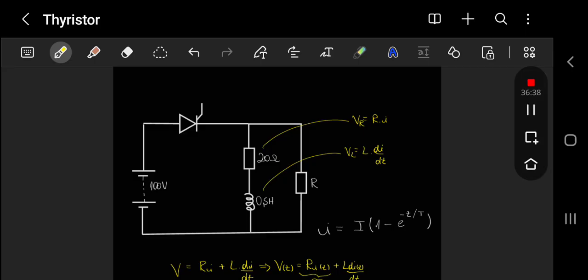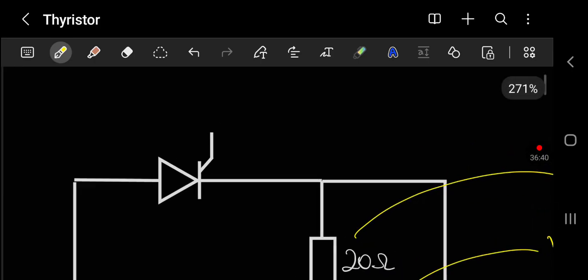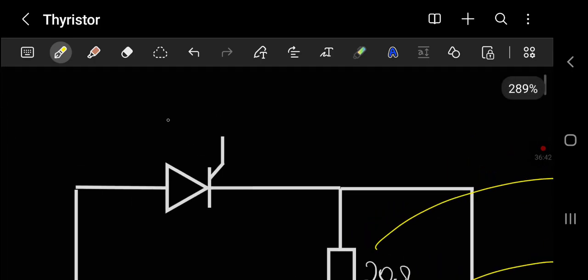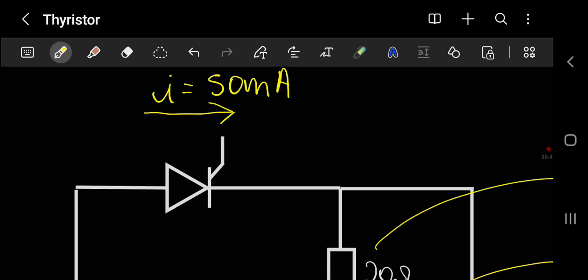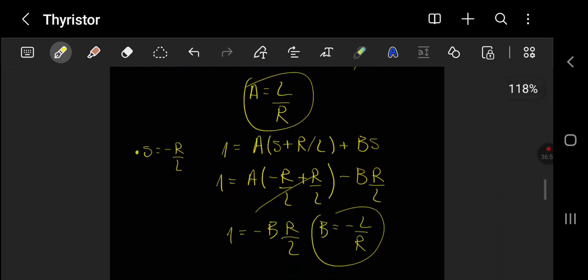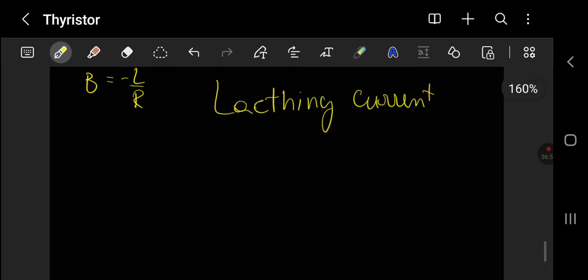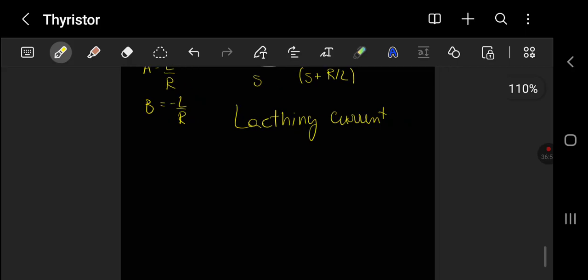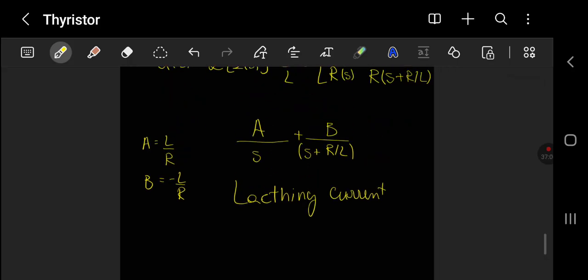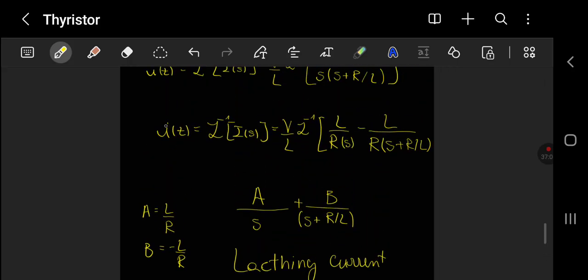And this thyristor has a latching current of 50 milliamps. So let's keep with the exercise. We are almost finishing.